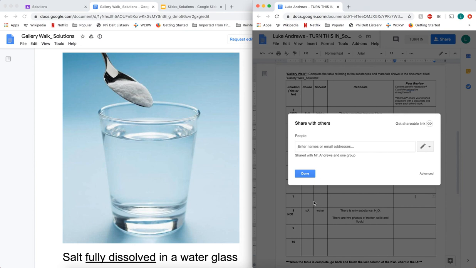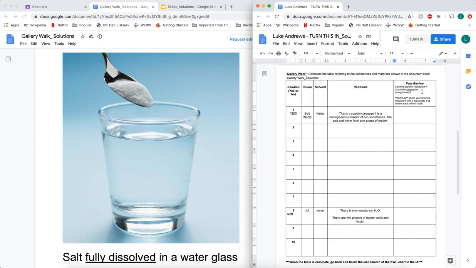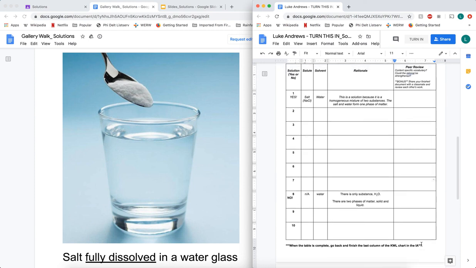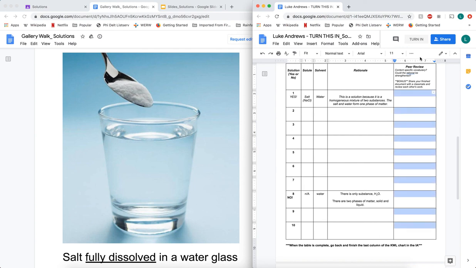Once you share this to a classmate, they can open it up, leave comments in here for you. And I think if someone is going to peer review your work, you should peer review somebody else's work. So find a classmate, swap, do a peer review, get some bonus points. If you share the document and your classmates leave comments in here, it won't change anything. You can still click turn in, and I'll be able to view it, and I'll be able to see the comments in there as well.